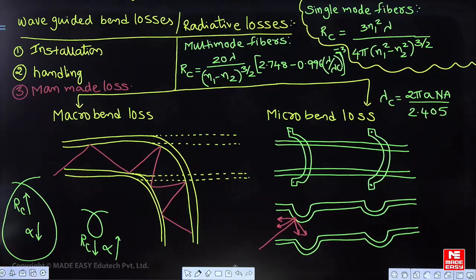Across the axis of the core provides the Rayleigh scattering.